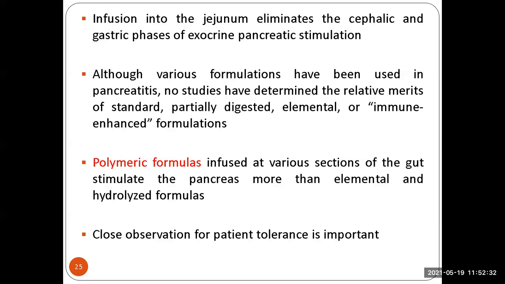Although various formulations have been used in pancreatitis, most studies have determined the relative merits of standard, partially digested, elemental or immune enhanced formulation. So still research is going on what type of food or formulations are more beneficial for such type of patients. Polymeric formulas infused at various sections of the gut stimulate the pancreas more than elemental and hydrolyzed formulas.